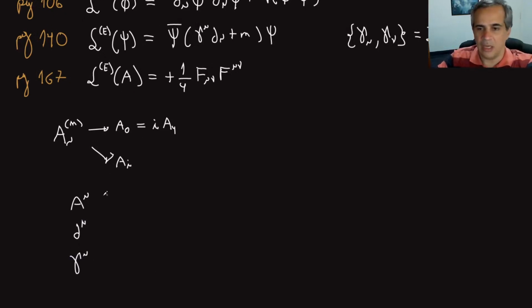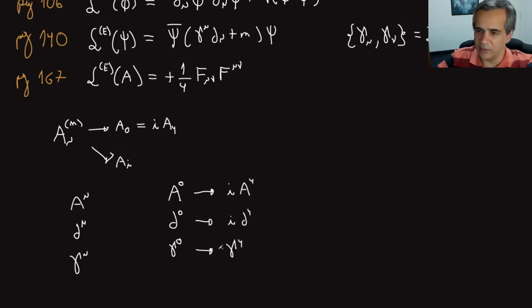And these, the A0, the del 0, the gamma 0, transform in this way. So A0 goes into A4, del 0 does the same, gamma 0 now has no i, and gamma i, because the i part of the derivative and of A does not transform at all, but gamma i goes into i gamma i Euclidean. Again, I'm suppressing this Euclidean.